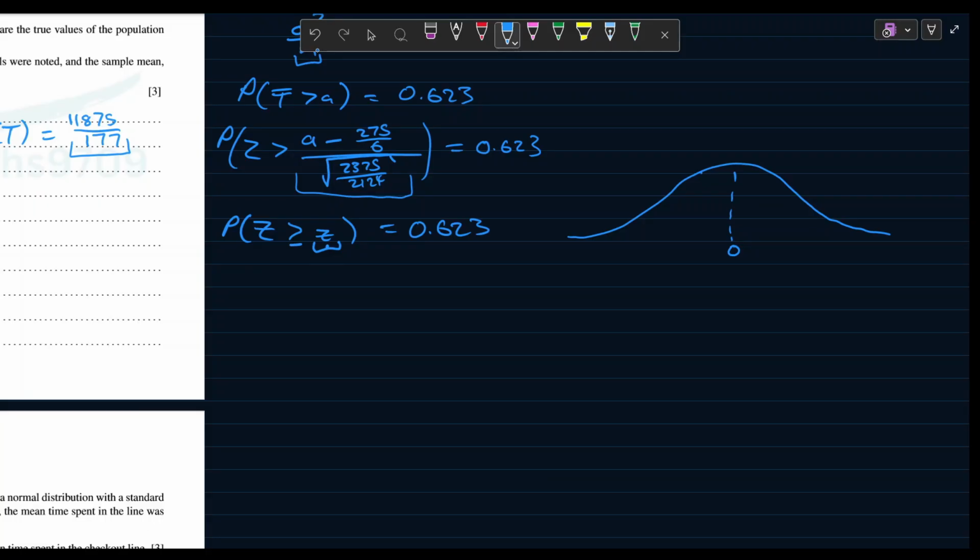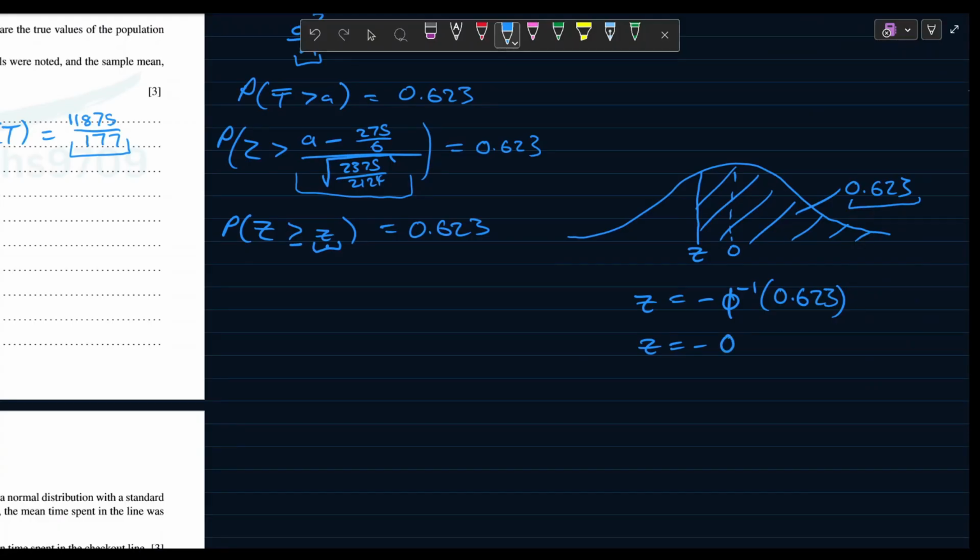So it means z is probably somewhere here, and the area to its right is 0.623. And so from this diagram, because z is to the left of 0, we know that z is going to be negative. And then we can read our z tables in reverse and find the z value that corresponds to this probability, 0.623. So that z value would be 0.313.